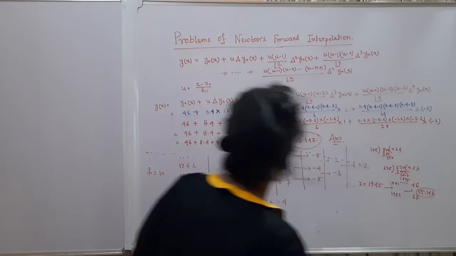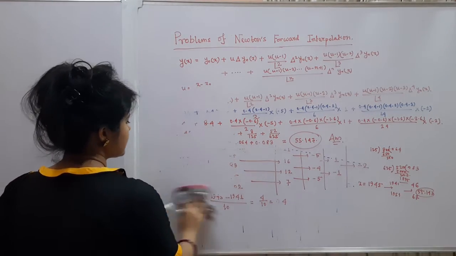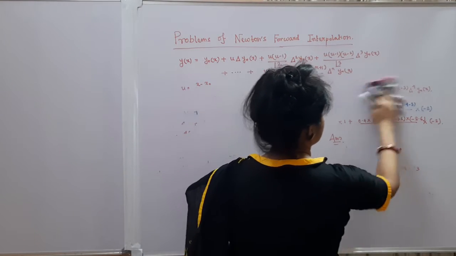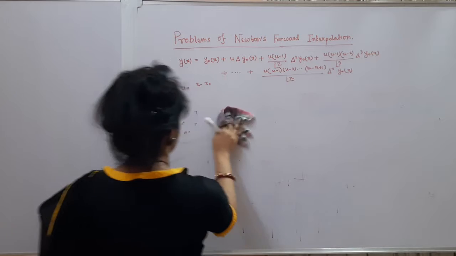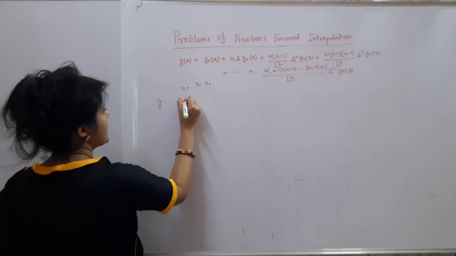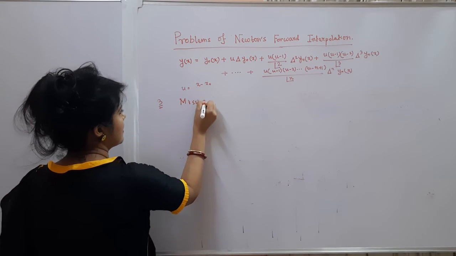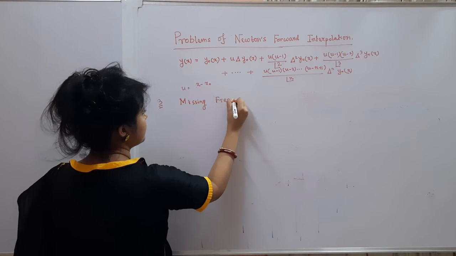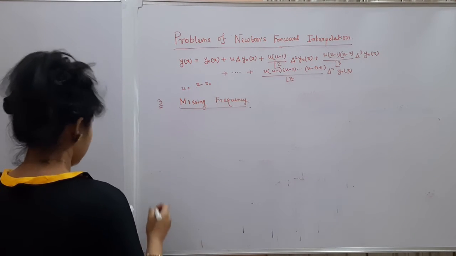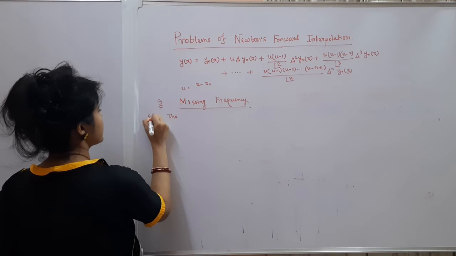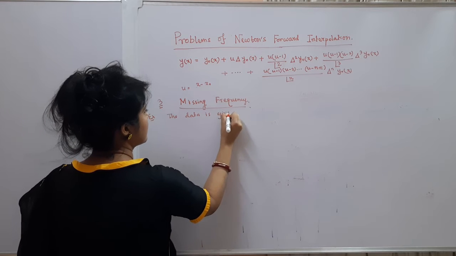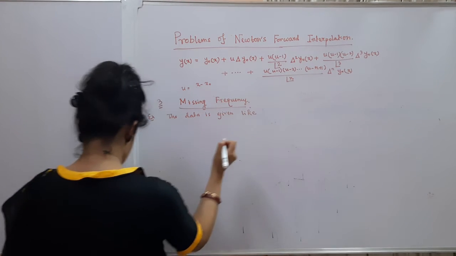Now next I am going to discuss a problem of missing frequency. That is, the number 3 category is missing frequency. That is, the data, the example, the data is given like this.